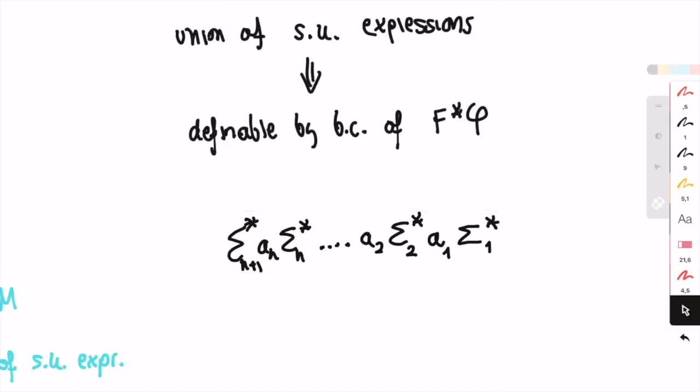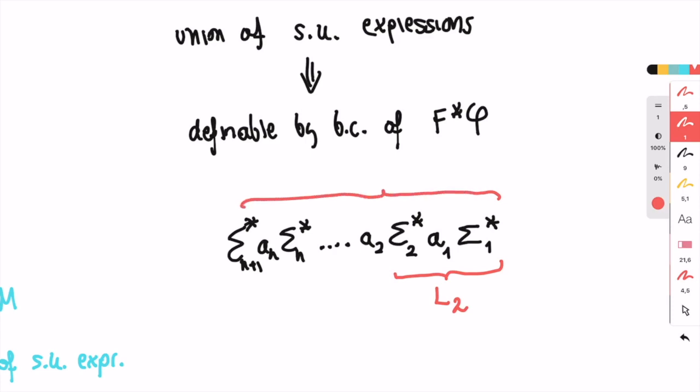In general, it's a finite union, but the formulas also have finite unions, so we only need to care about the single one, and define L_i to be the suffix of the expression, which ends with sigma 2. So the entire expression is L_{n+1}. Okay? And by induction we show that L_n is definable in the logic.